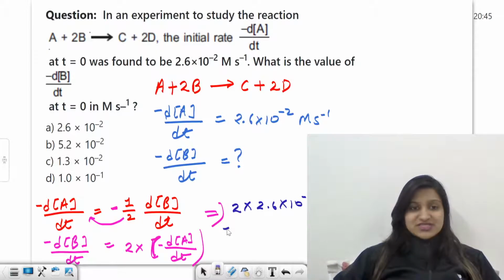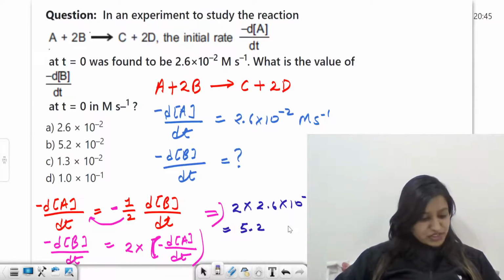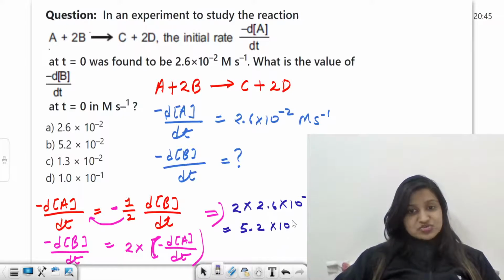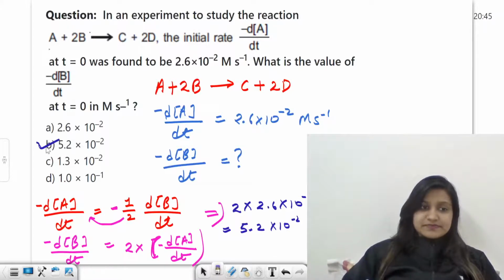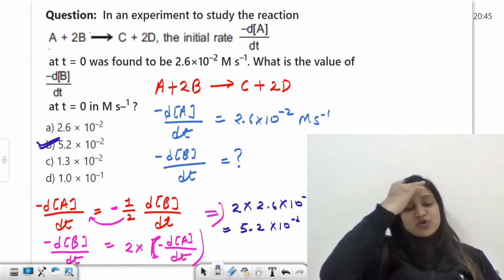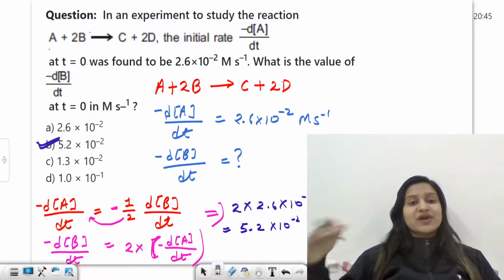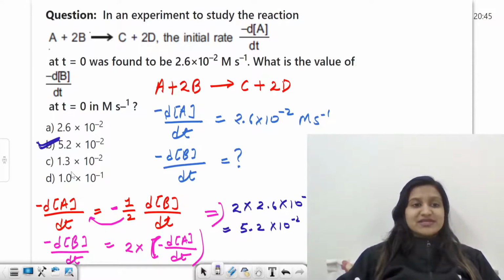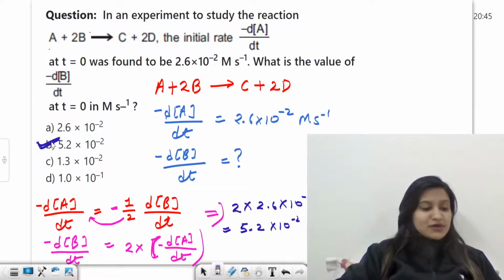Correct? So this comes out to be 5.2 into 10 raised to power minus 2. That's your answer. Simple. I hope that this is clear to you guys, how we calculated this, very simple and very easy. Now let's go ahead.